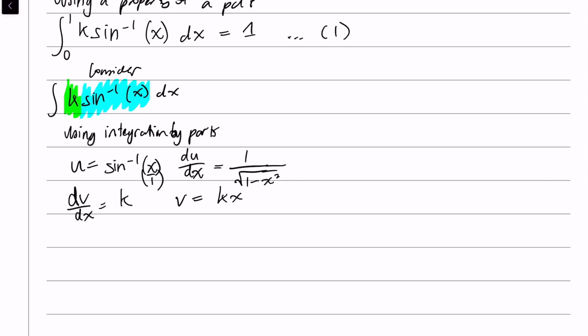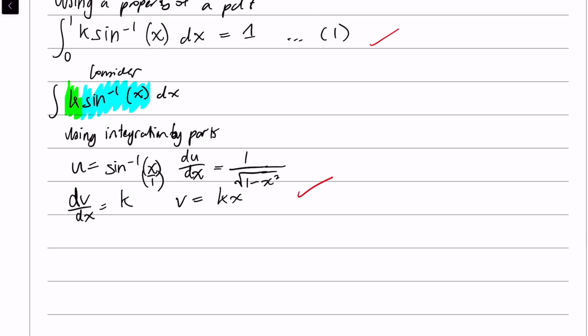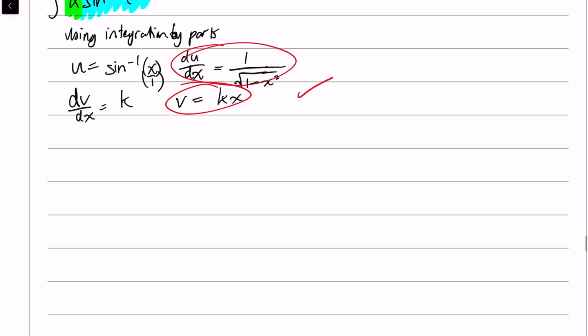So the second mark comes from correctly determining both results required to progress integration by parts. So that's this one and this one, right? And then I need to use my formula for integration by parts, which is the integral of u dv dx in terms of dx is equal to u times v minus the integral of v du dx in terms of x, okay?